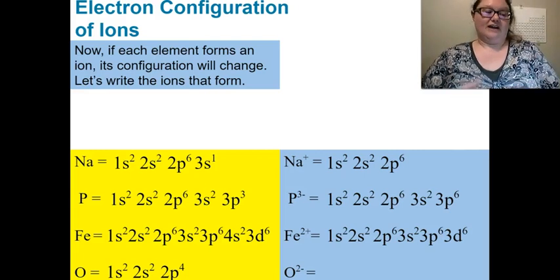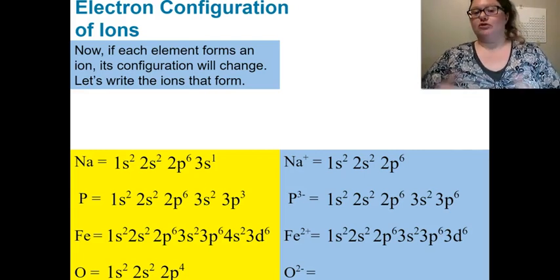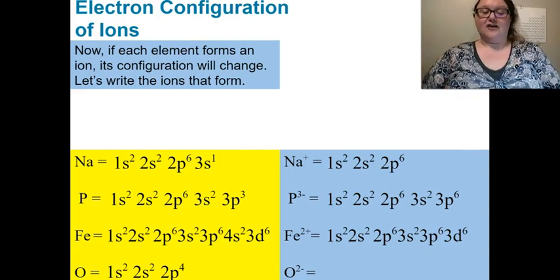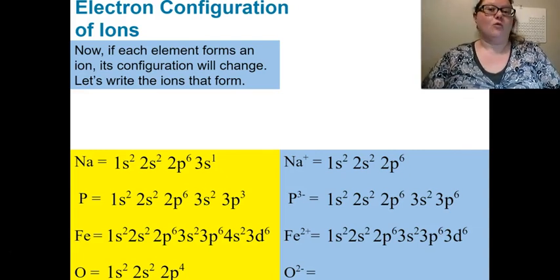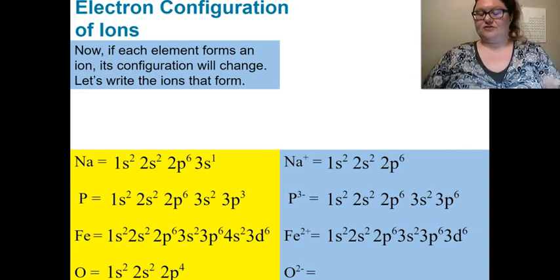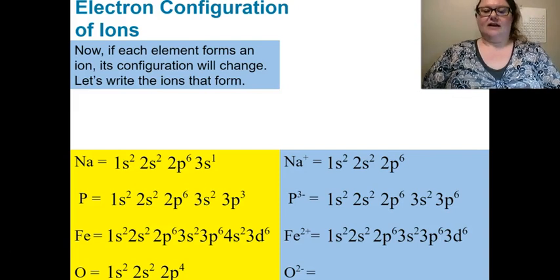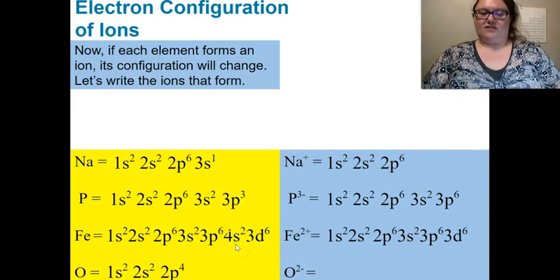So if you recall, I had mentioned that transition metals can have multiple charges. Iron, for example, can be a +2 or a +3. Those are 2 variations of iron. The +2 here is easier to demonstrate what's happening. It's losing the 2 from 4s. That's a noble gas configuration.